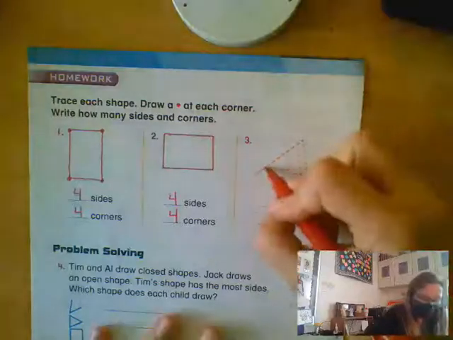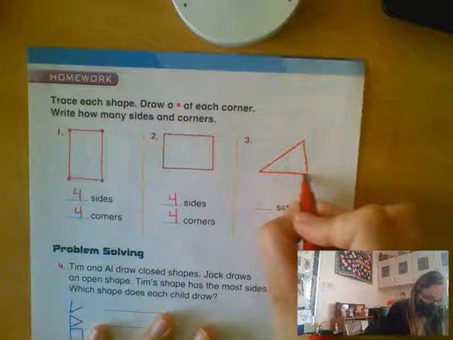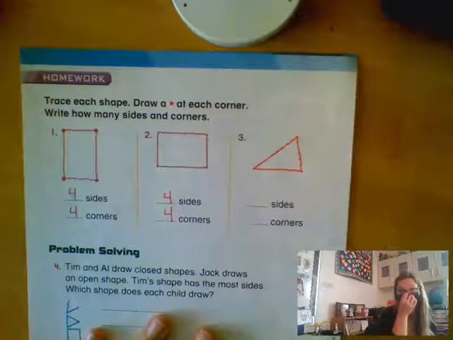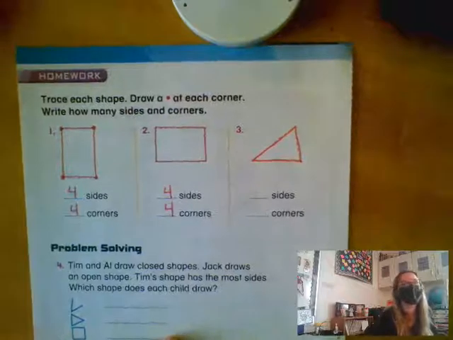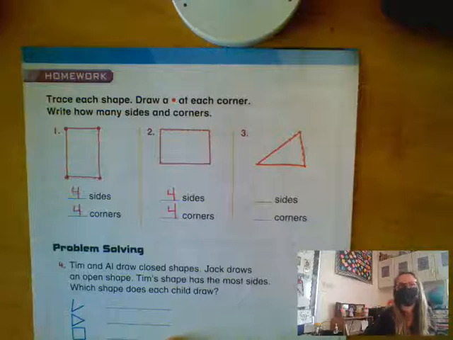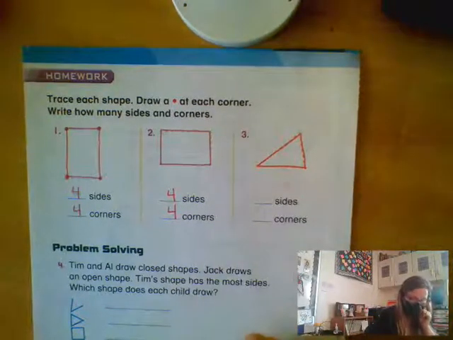Connor, number 3, go ahead and trace it and tell us what shape is that? A rectangle. Number 3? Yes. That's not a rectangle. Wait. I'm on page 486, number 3.